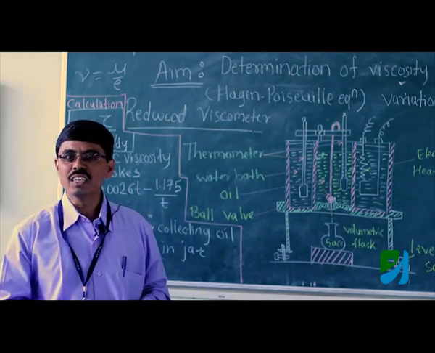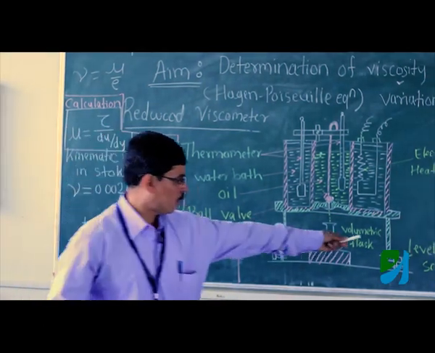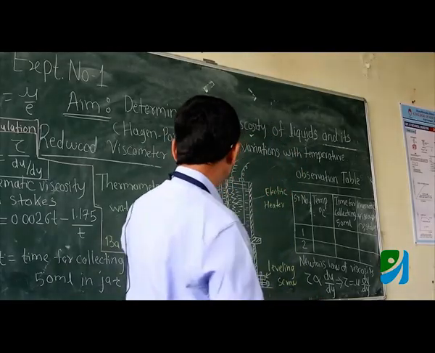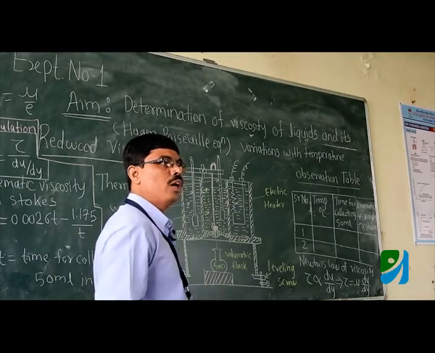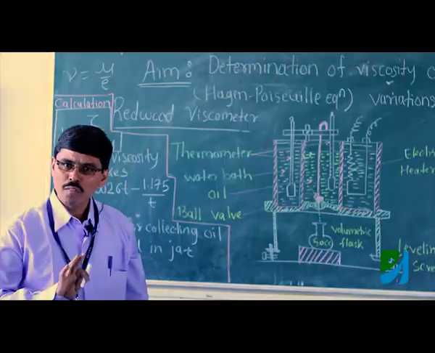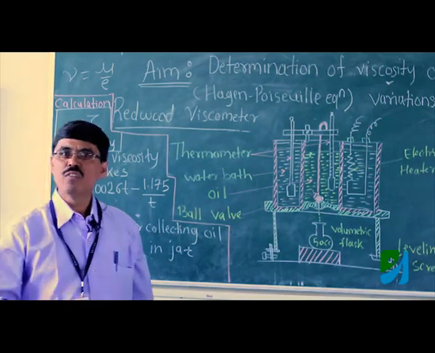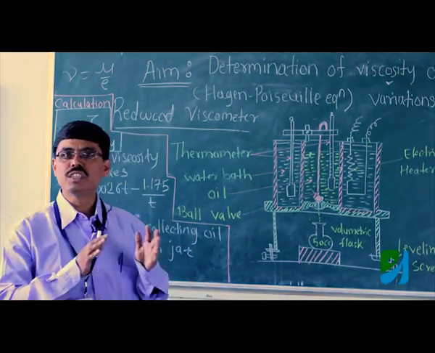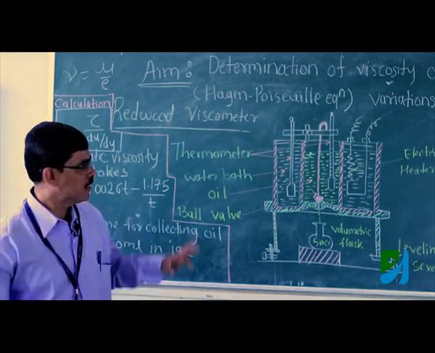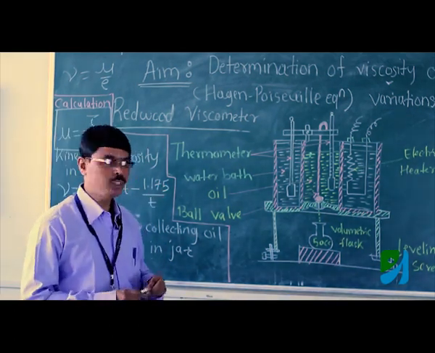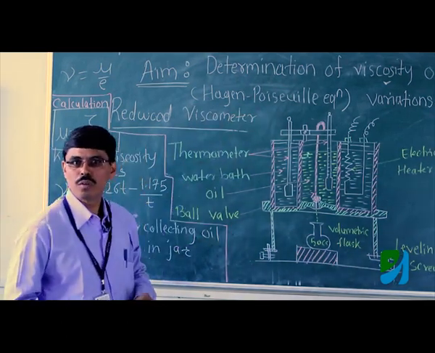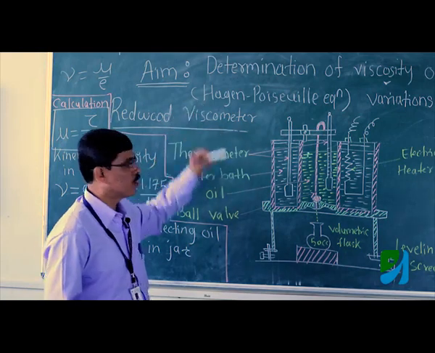Number one is Newton's law of viscosity, which we have studied; the second is based on the Hagen-Poiseuille equation; and the third is Stokes' law. Further, there is a fourth method, wherein viscosity is compared with a calibrated fluid. But basically these are the three principles, and out of these, today we will see only the method using the Hagen-Poiseuille equation.